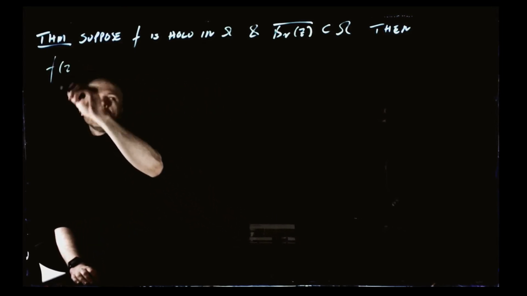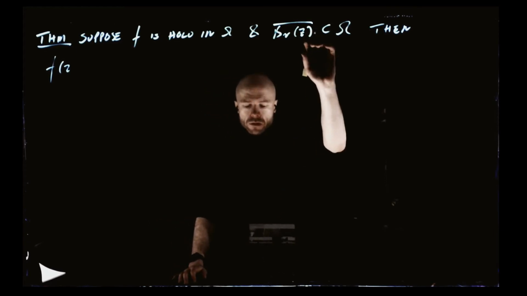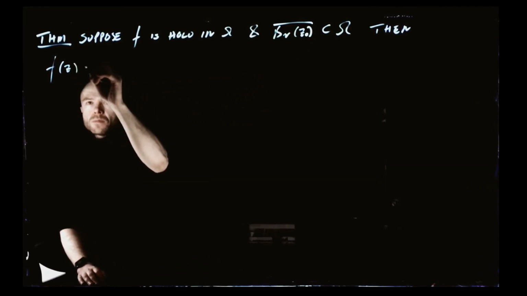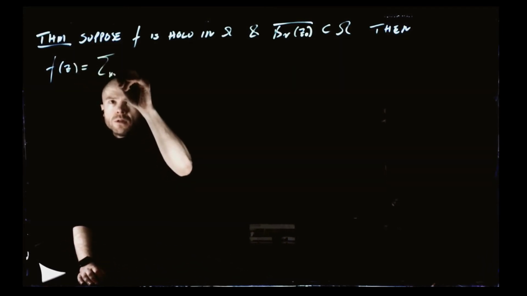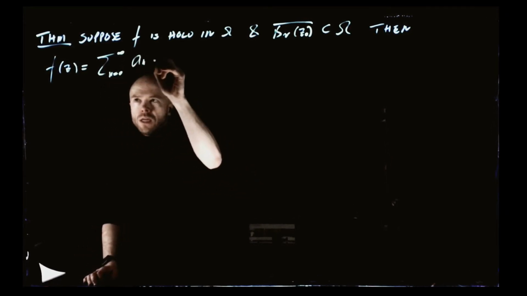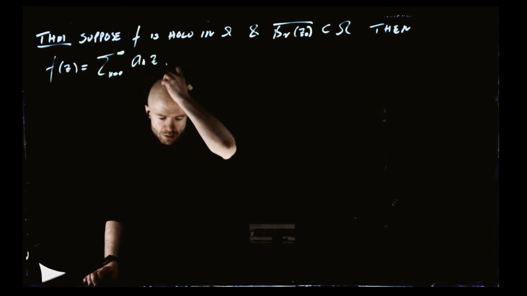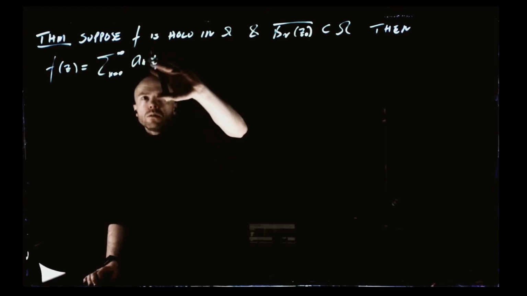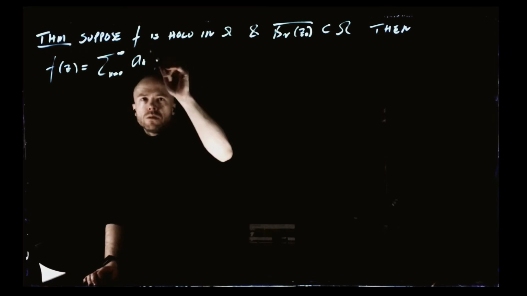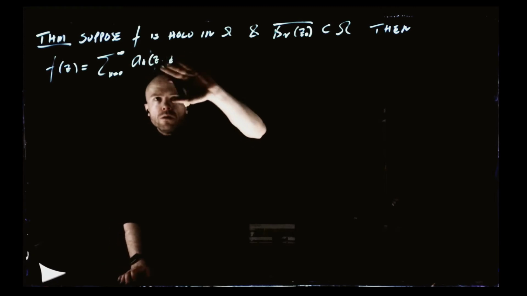That f of z is equal to the sum from k equals 0 to infinity of ak (z minus z0)^k. Let's write that better.